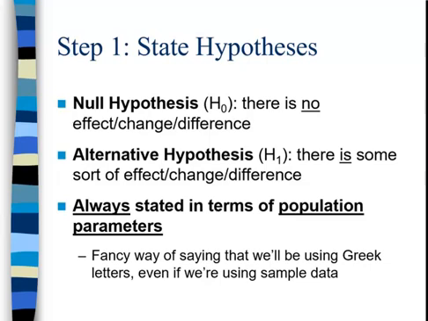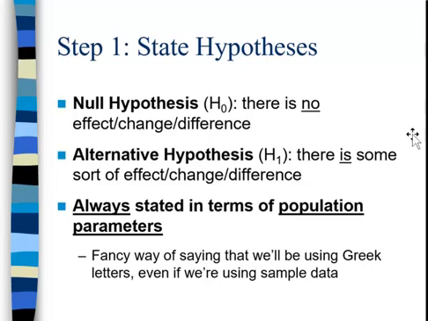The null hypothesis, H subscript 0, is that there's no effect or no change or no difference. It simply means that we don't expect a difference between our sample mean and the population mean.